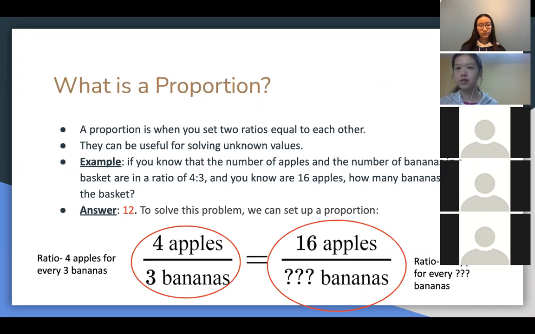And these two have to be equal in order that the ratio remains the same. And you can also notice that to get from 4 to 16 apples, you multiply by 4. So to get from 3 to x bananas, you would also have to multiply by 4 in order to keep that ratio the same. So now the number of bananas would be 3 times 4, which is 12. And this is one way to solve a proportion.